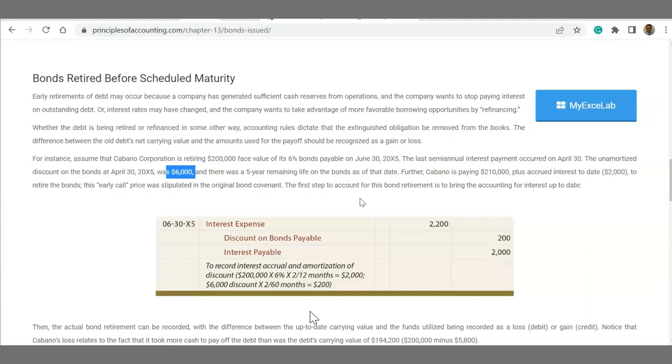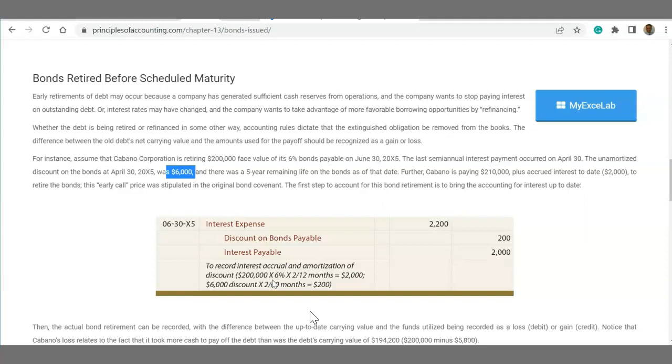The first step to account for this bond retirement is to bring the account for interest up to date. The last payment was in April. After April, what was that? May and June. So for 2 months, May and June, interest needs to be recognized because the corporation still has the bond.